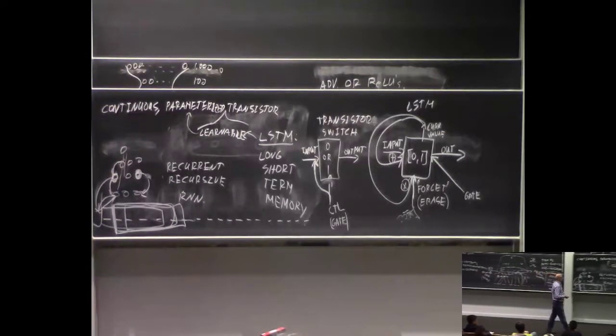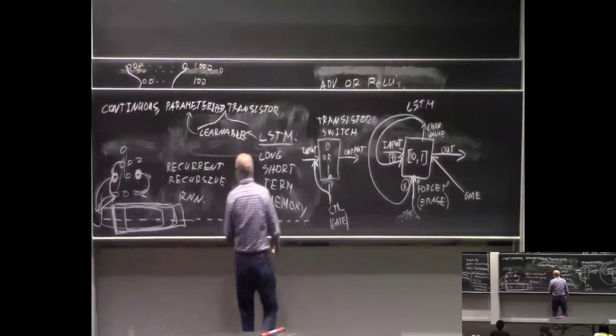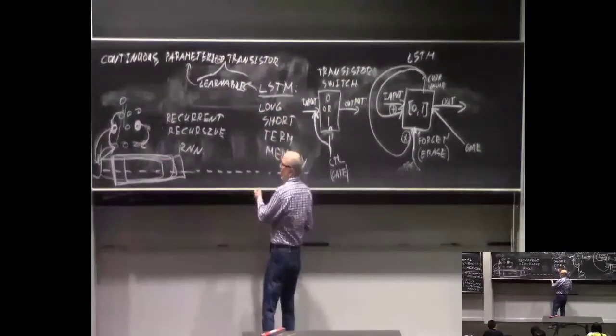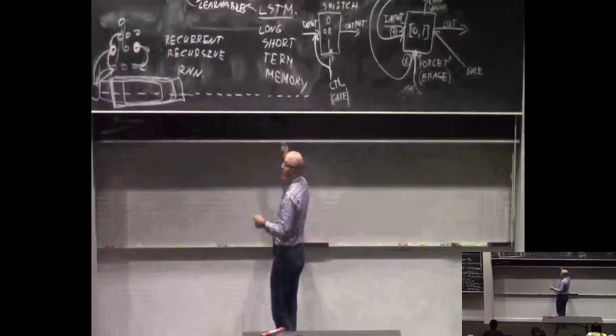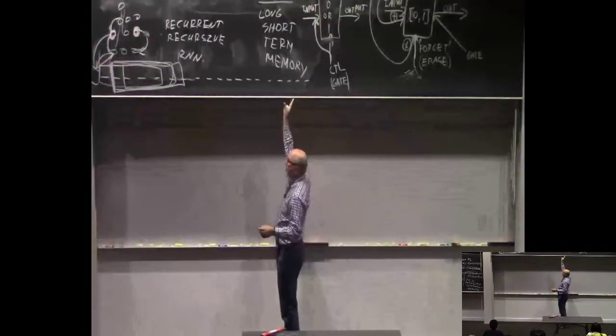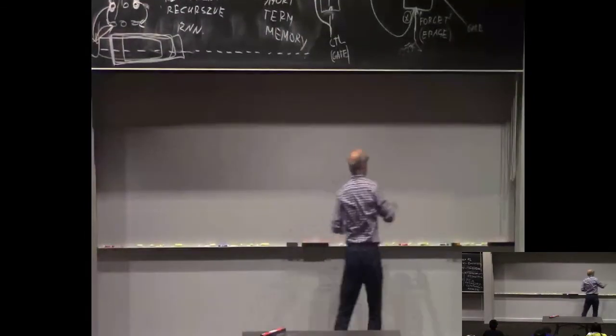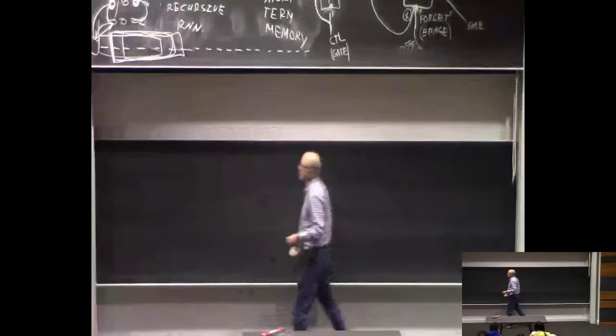So let me try to make that a little clearer. You can't hand information down to an input because inputs are not changeable. You can do one of two things. Here we're talking just about an RNN.